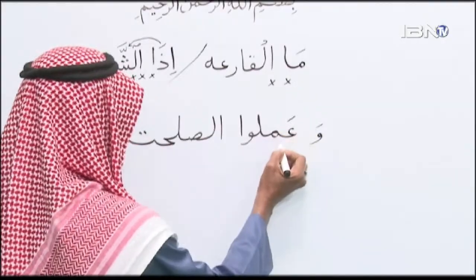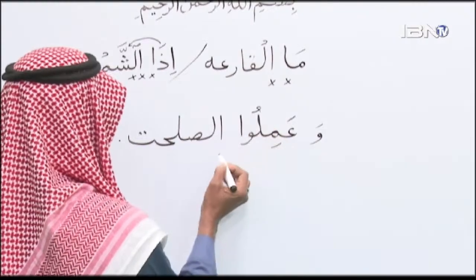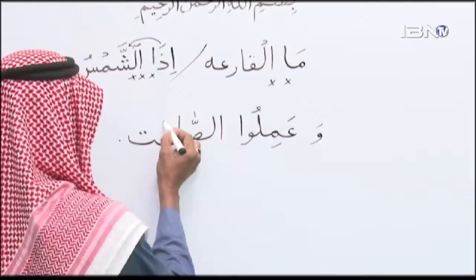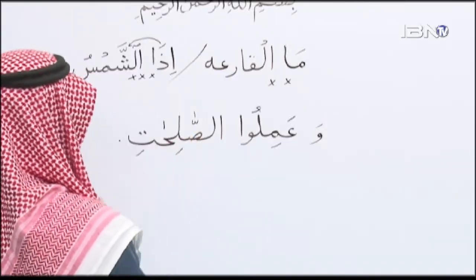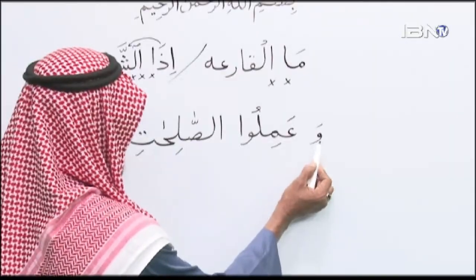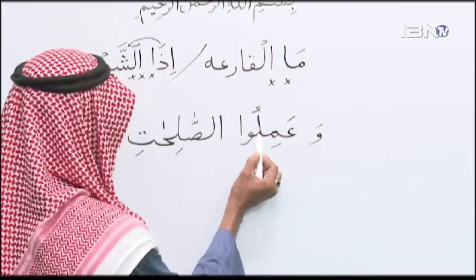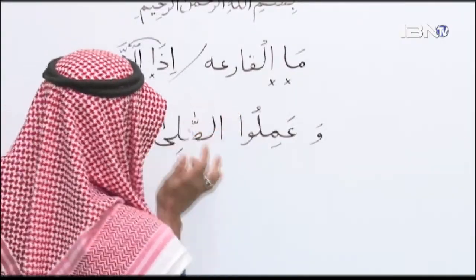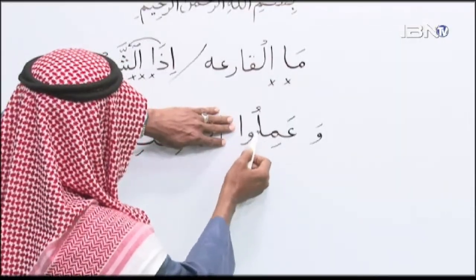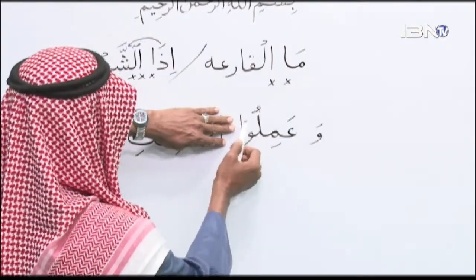Okay, so we have wa, a, mi, lu. Now by this, without this word, it will be pronounced ami lu, not luwa, but ami lu.